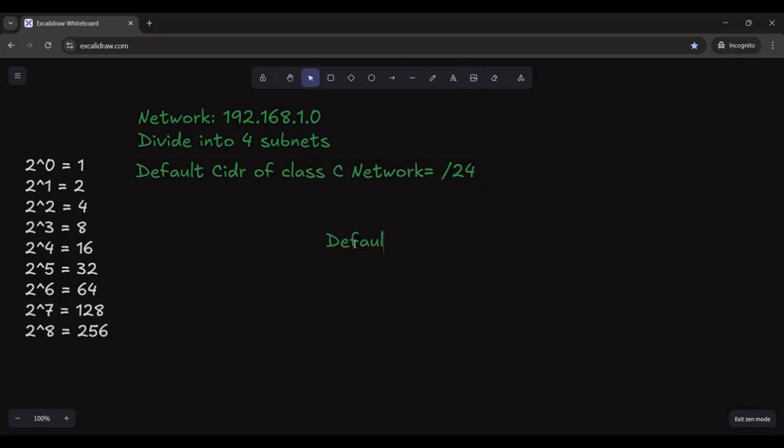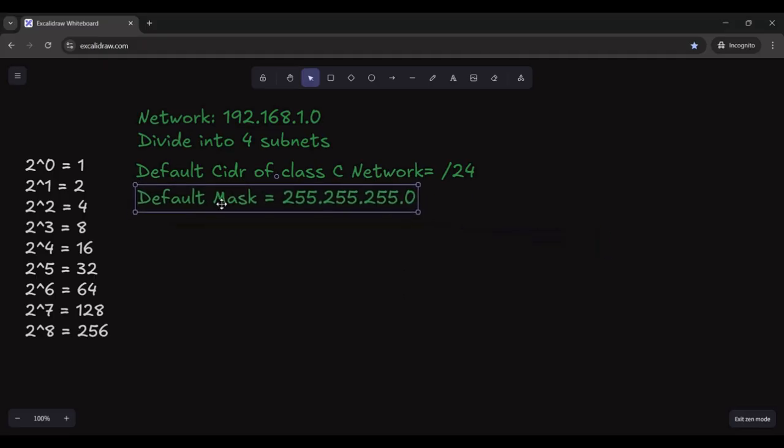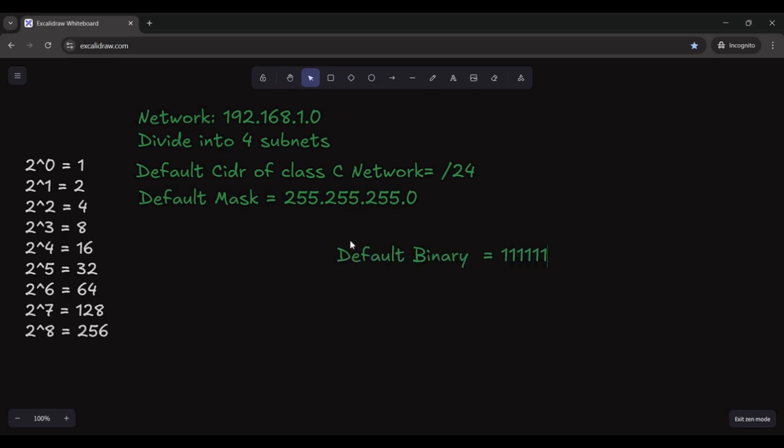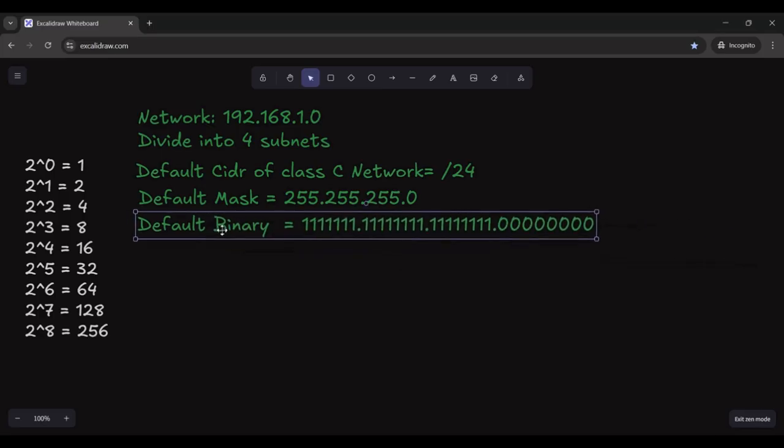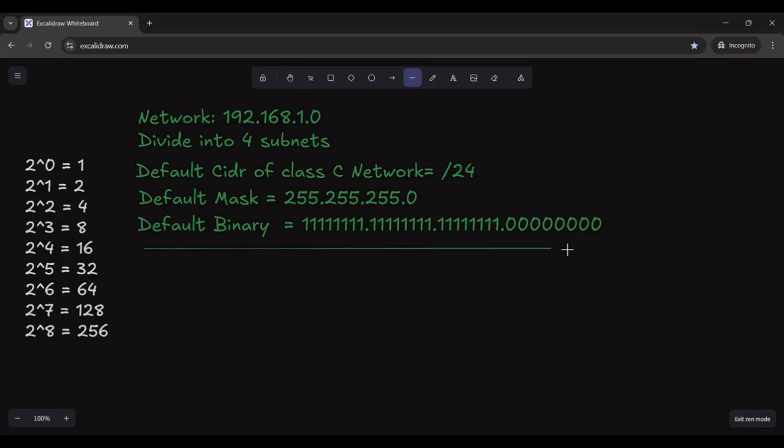This is the default information which we know just by looking at the network address. If we convert this /24 into binary, it's going to be 24 ones, and the rest are going to be zeros. Since the address has 4 segments, the first 3 segments have 8 ones, and the last one has 8 zeros. So we just wrote /24 in binary notation format.